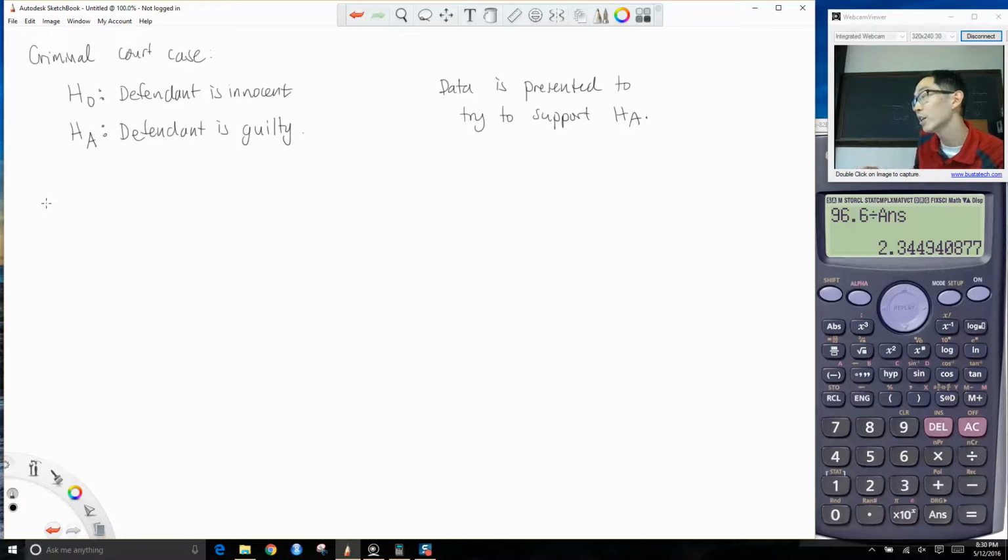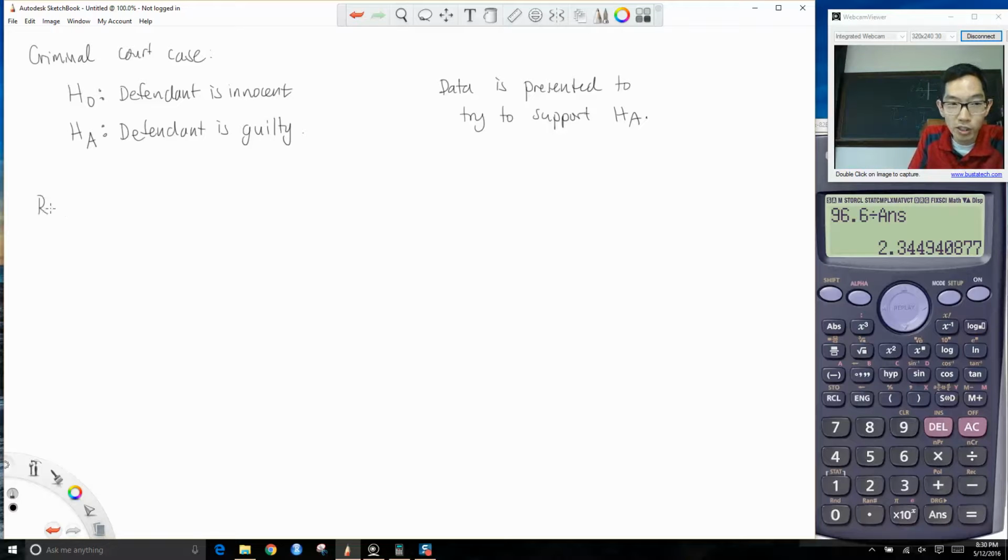Notice they don't say we find the defendant innocent. They always say not guilty because we either reject or do not reject the null. We never actually say we have proven the null or we accept the null. We say we either reject the null or we don't reject the null.